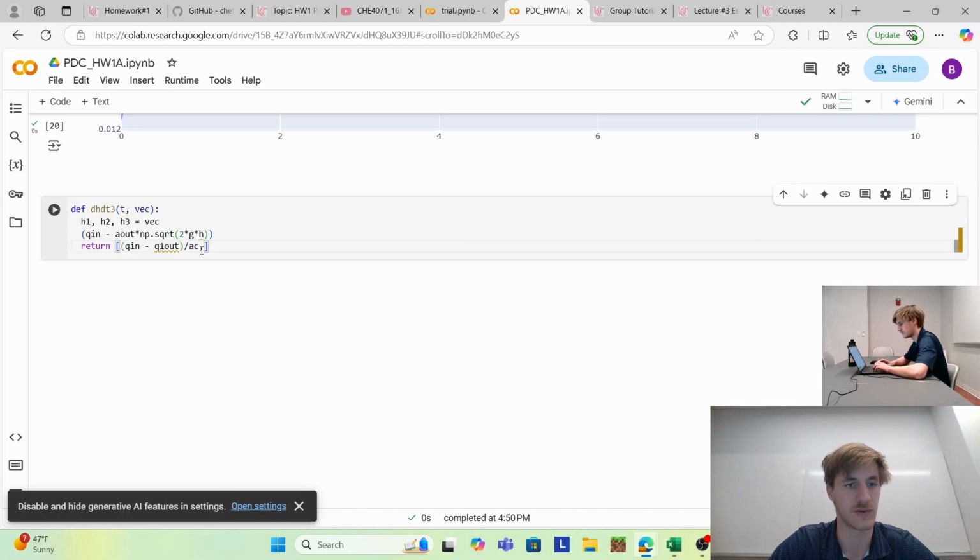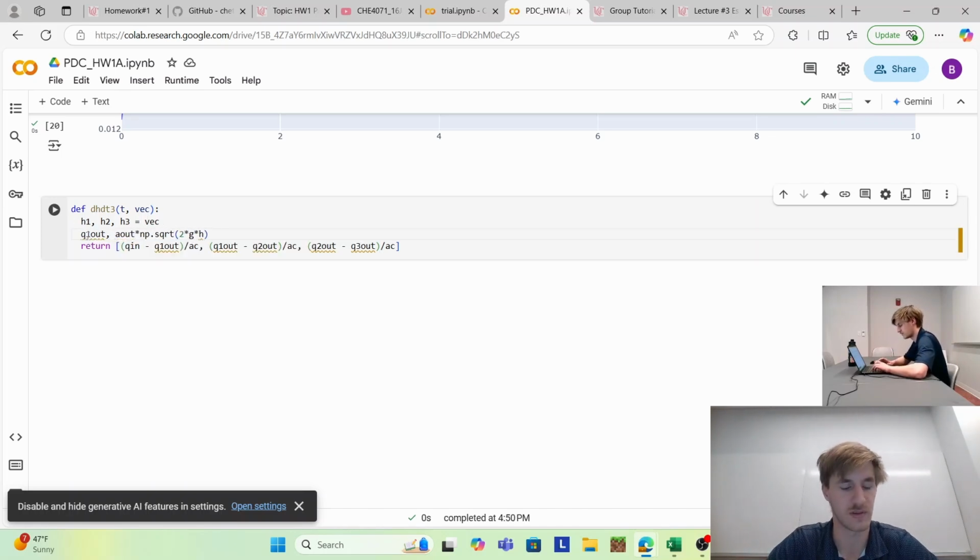And then I'm going to take this. And for the next one, the flow coming out of the first tank is going to be the flow coming into the second tank. Do that, and then I will copy and paste again with Q2 out and Q3 out. Now what I want to do is define our flows coming out of each tank.